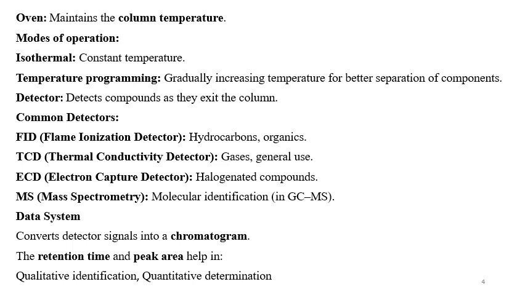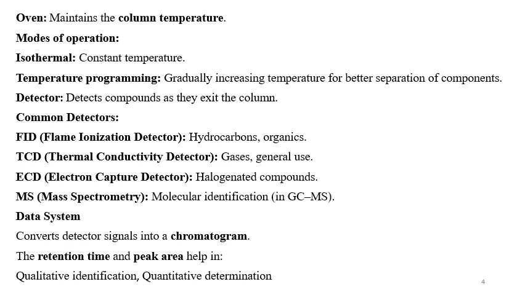Common detectors are FID, TCD, ECD and MS. FID is the flame ionization detector, for hydrocarbons and organics. TCD is the thermal conductivity detector, which is for gases and general use.